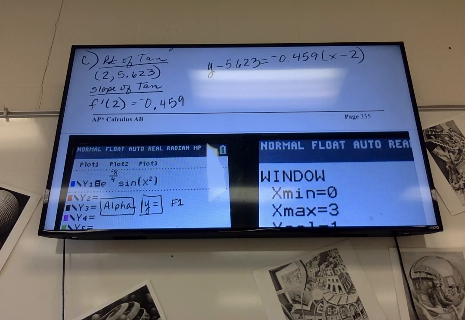And then we have to tell whether it's increasing or decreasing, or approximately over or under. It ends up being concave down, or f prime of x is decreasing. So it's concave down, so the line is above the graph. Yeah, it's concave down because it has a negative slope.